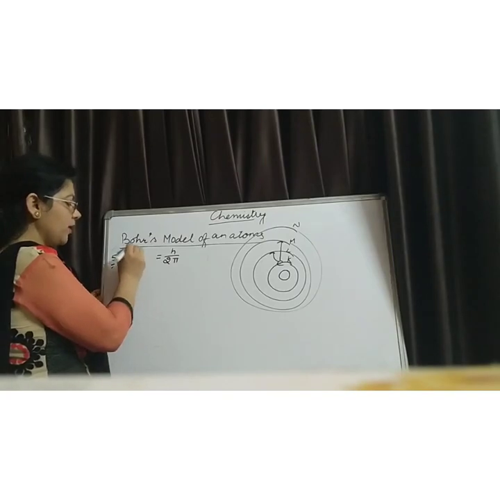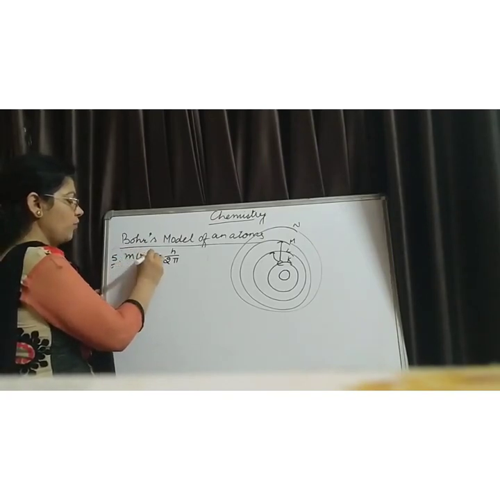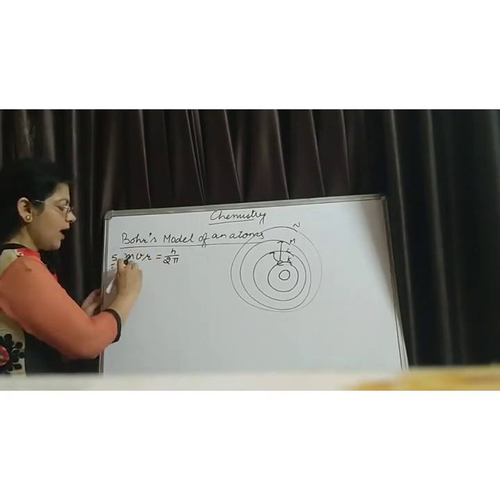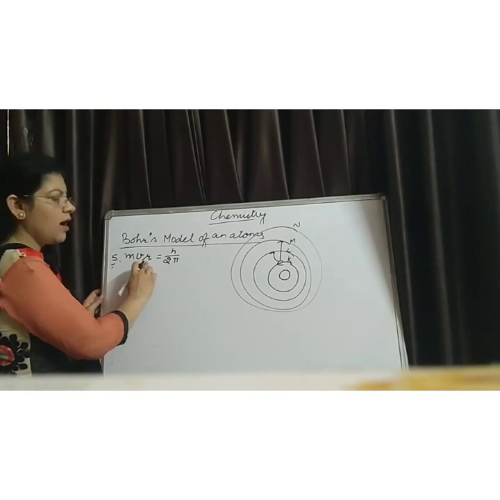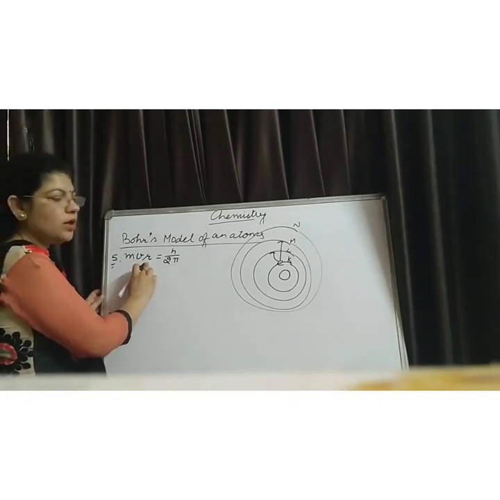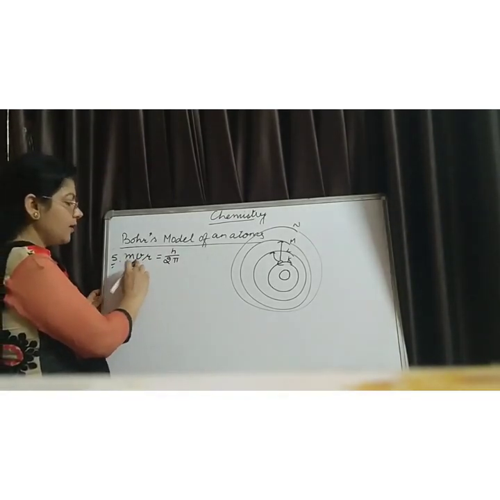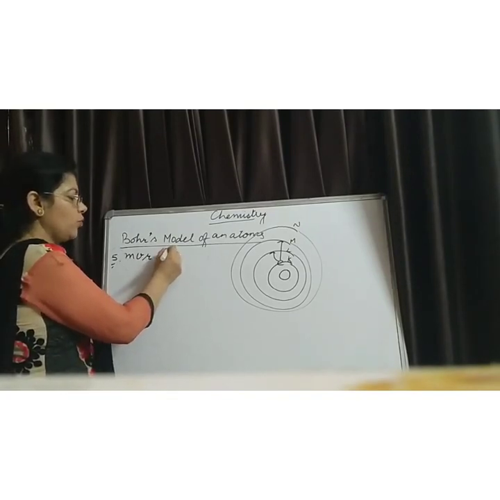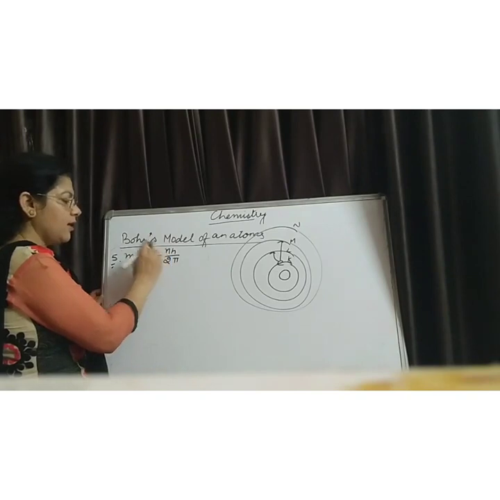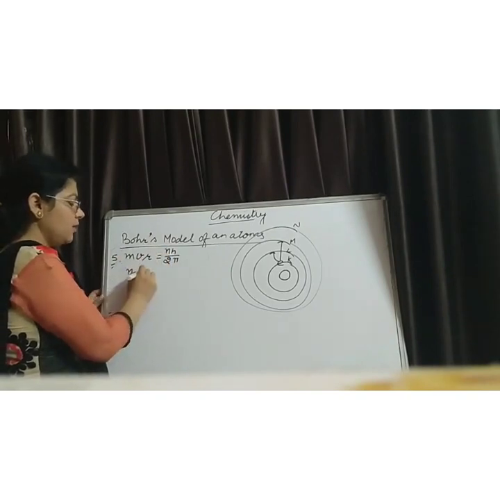For the angular momentum, the formula is mvr, where m is the mass of the electron, v is the velocity, and r is its perpendicular distance, and it should be an integral multiple of h by 2 pi. So I write here n h by 2 pi, where n is any integer.